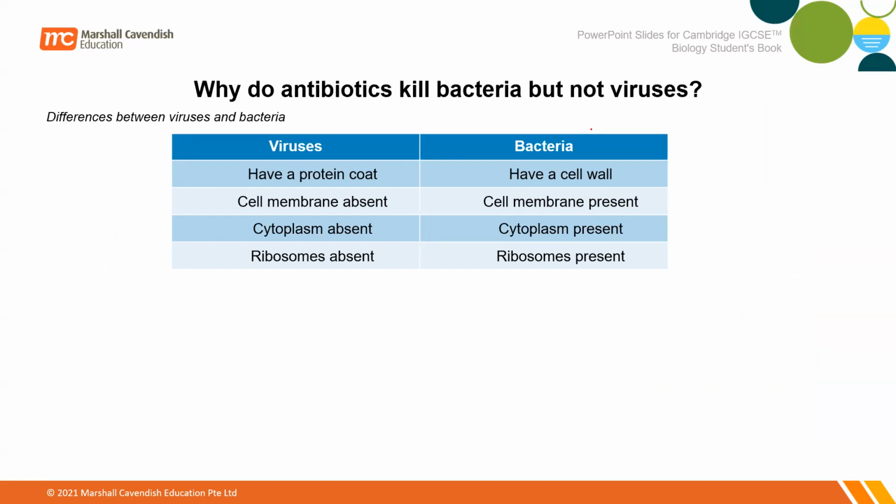ليه الانتيبيوتكس بتkill البكتيريا but not الفيروس؟ I have 4 points in this answer. الريبوزومز absent, الcytoplasm absent, cell membrane absent, and it have a protein code. يعني simply it's uncellular structure or non-cellular structure. بس عارفة يا يمنى ما كتبتش ليه إنها non-cellular structure؟ لأنه لو question out of 3 أو 4 marks عايز آخد marks.